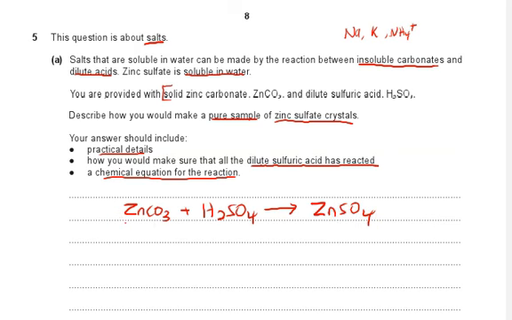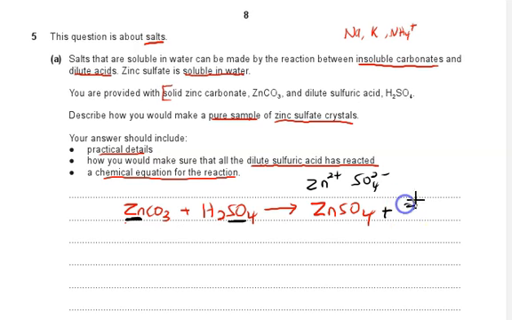So just take directly from zinc and sulfate. Both will be 2 plus and 2 minus charges, and it will release carbon dioxide and water. With this carbon dioxide, you will witness the bubbles.